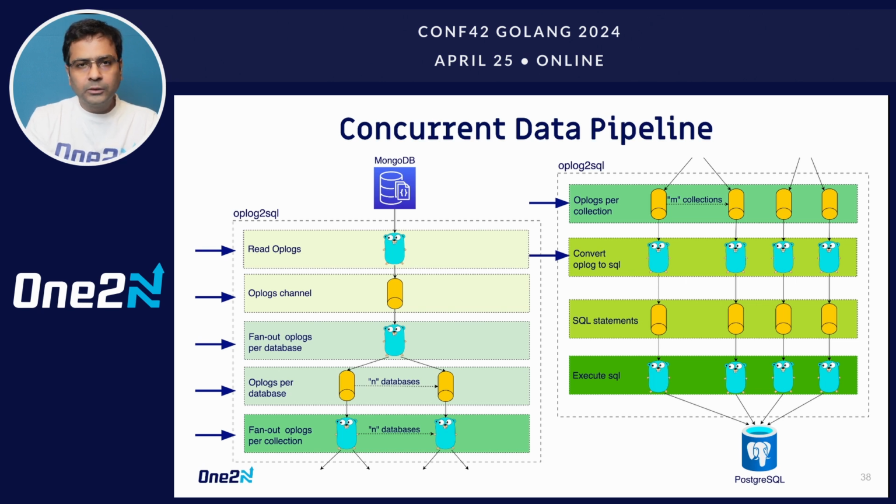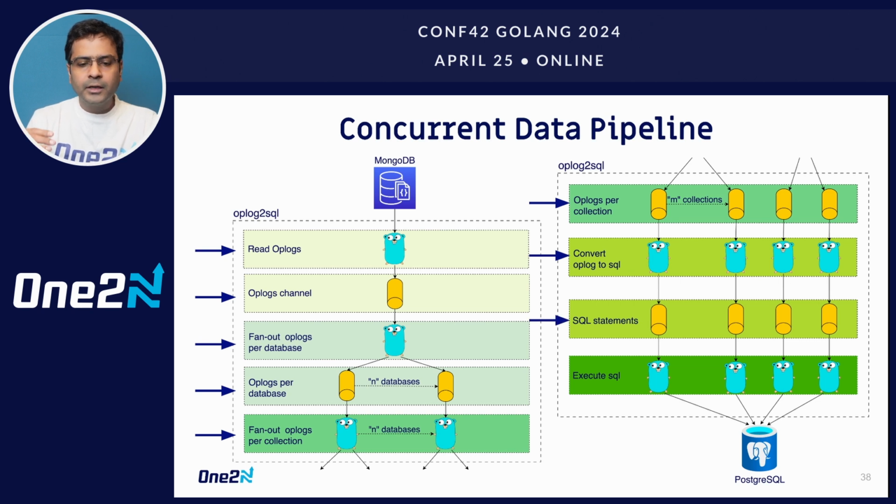So this go routine is going to work on only, let's say, db1 dot collection 1 combination. The next go routine will work on db1 collection 2, db1 collection 3 likewise, and then a new set of go routines will work on db2 collection 1, db2 collection 2, etc. So we've essentially got m into n kind of go routines.